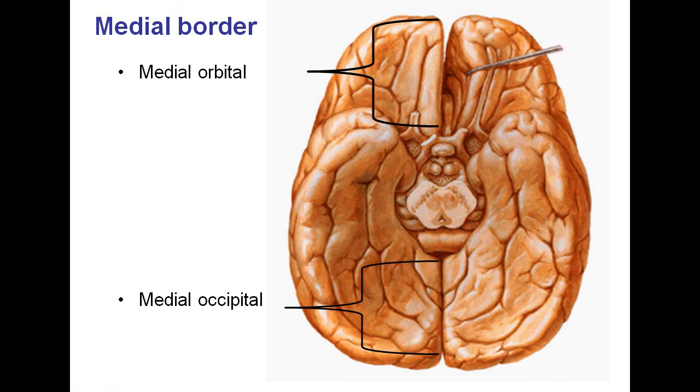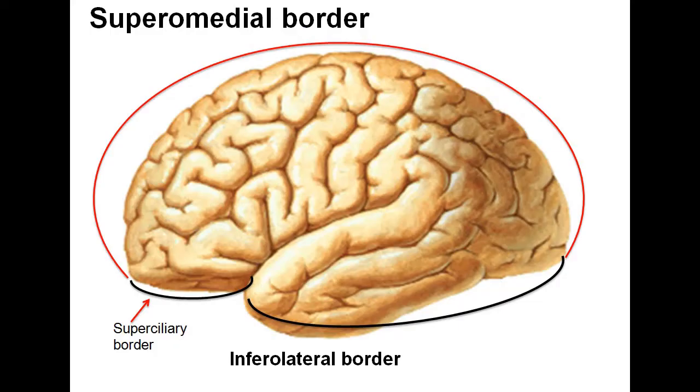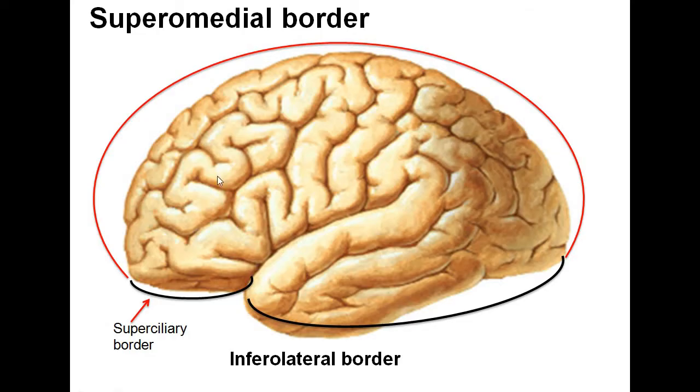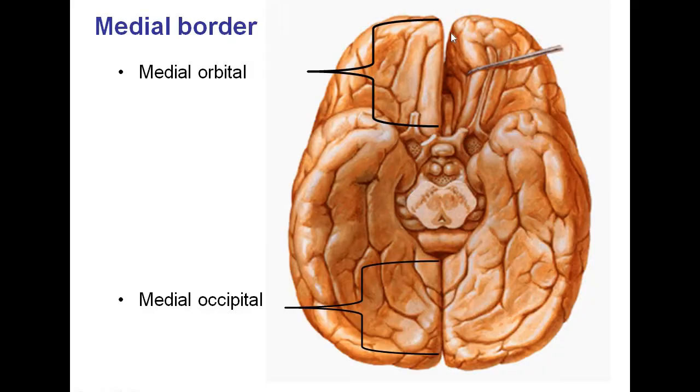So totally there are 4 borders. We'll repeat again. We'll go to the previous slide. Number 1, superomedial border. Number 2, inferolateral border, medial orbital border, medial occipital border. These are the 4 borders of the cerebral hemisphere.